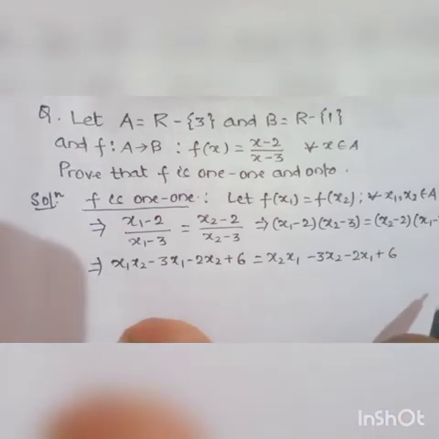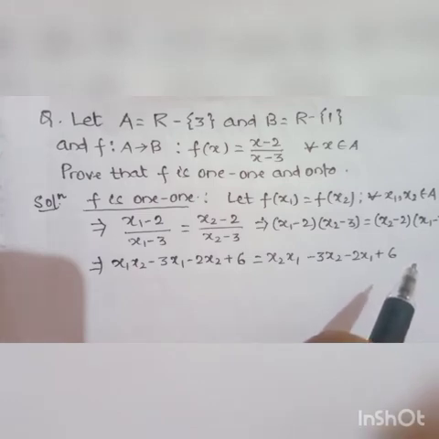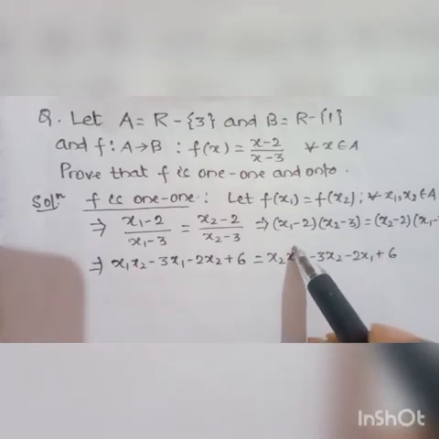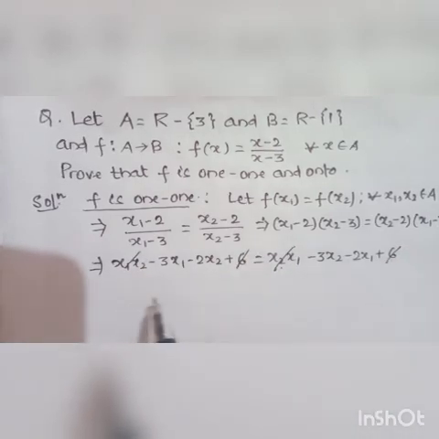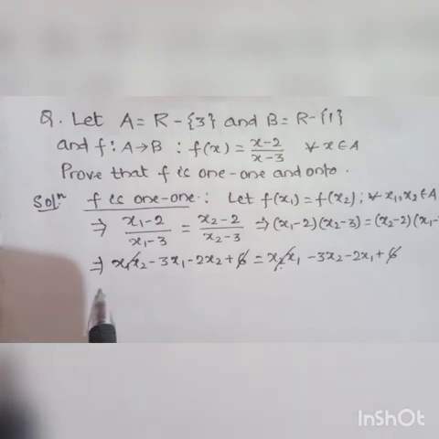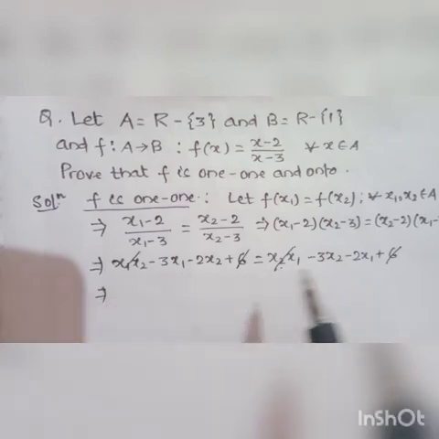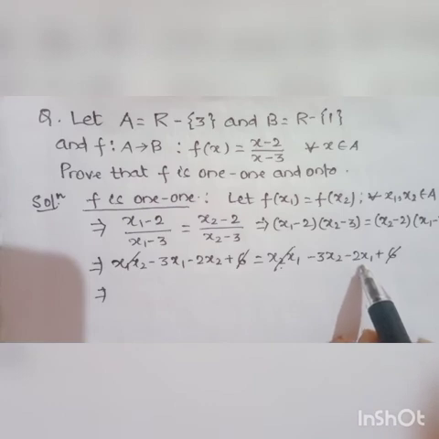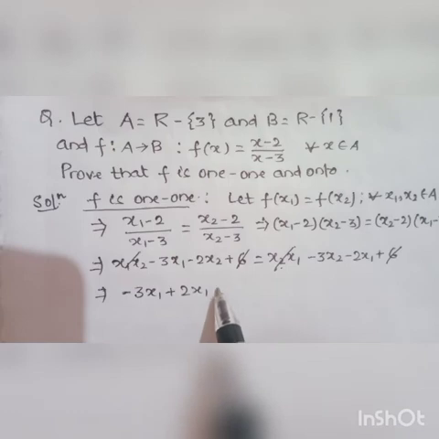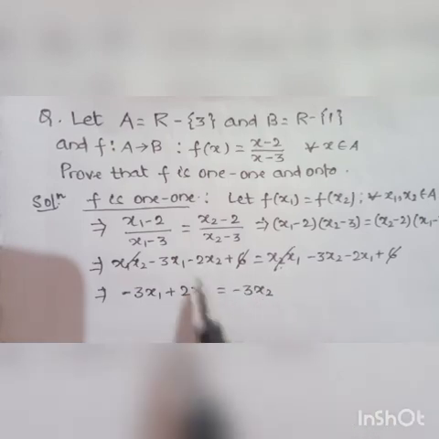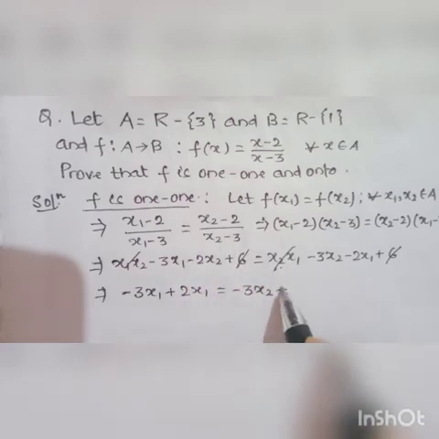Some terms cancel here. x1 x2 cancels, 6 and 6 cancel. Then minus 3x1 plus 2x1 equals minus 3x2 plus 2x2.